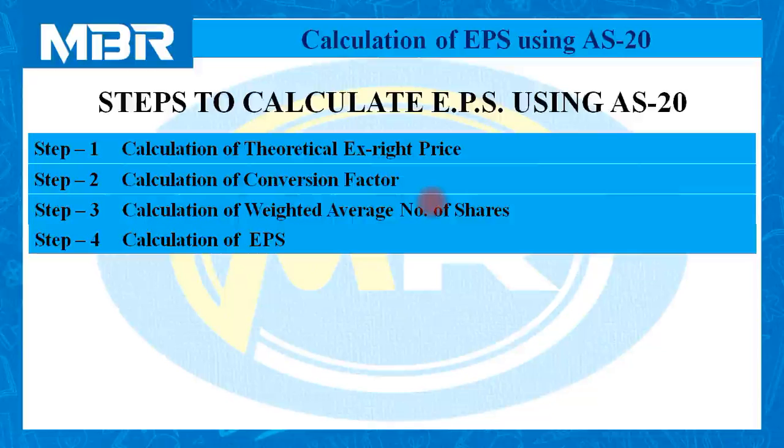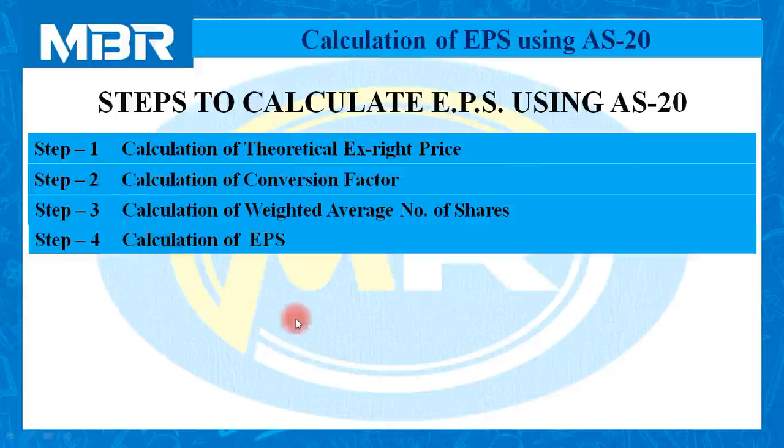So if you want to calculate earning per share when right equity shares are issued by the company, it is necessary for all of you to follow the guidelines given in AS 20. And as per the guidelines given in AS 20, we need to follow these 4 steps available on your screen.